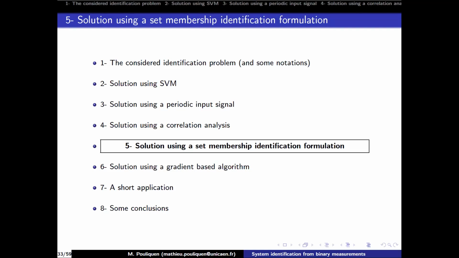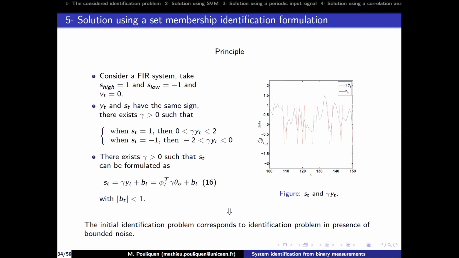Another solution. Here again, the principle is very simple in a sense. Here, the two levels of the binary are 1 and -1, and you can see that if, for instance, the binary output is 1 with a normalization gamma, you can constrain the real output to be between 0 and 2.